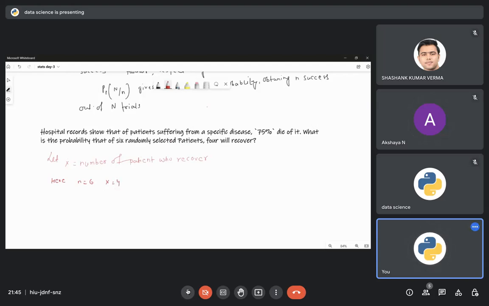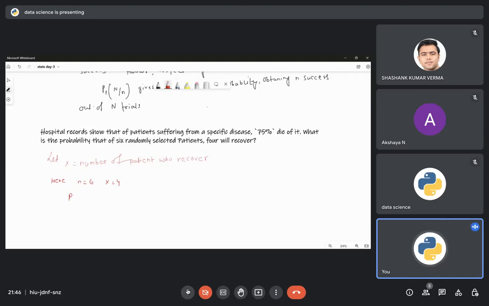Now, the probability of success is what? 75% are dying. So what is the success percentage, the probability of surviving? 25%. 75% probability is dying. Then what is the probability of not dying? That is 25%.